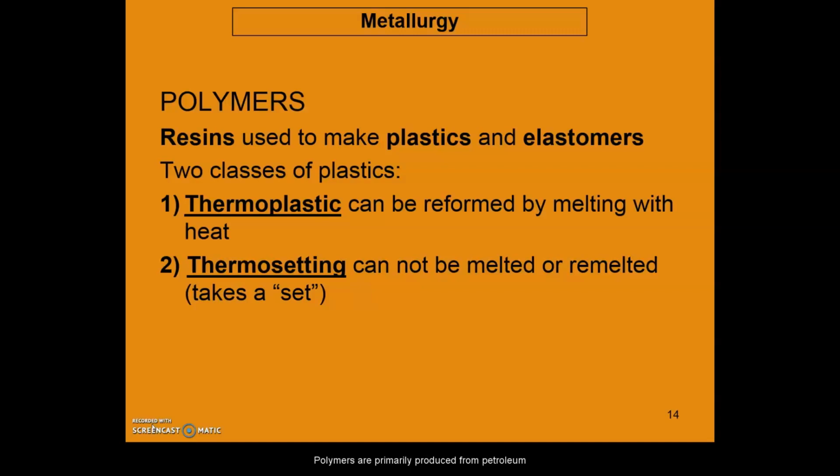Polymers are primarily produced from petroleum or natural gas raw products, but the use of organic substances is growing. The supermaterial known as Kevlar is a man-made polymer. Kevlar is used in bulletproof vests, strong lightweight frames, and underwater cables that are 20 times stronger than steel.